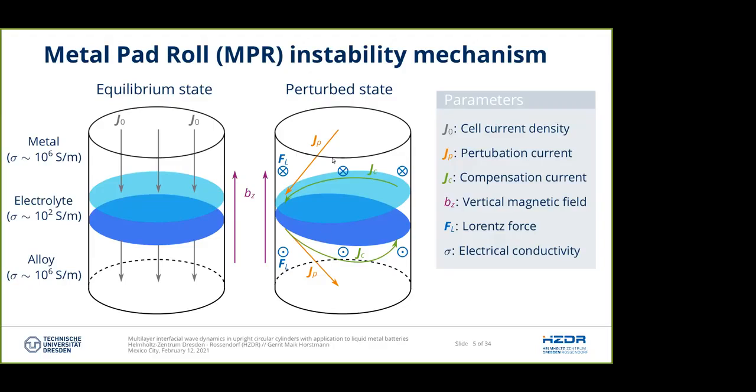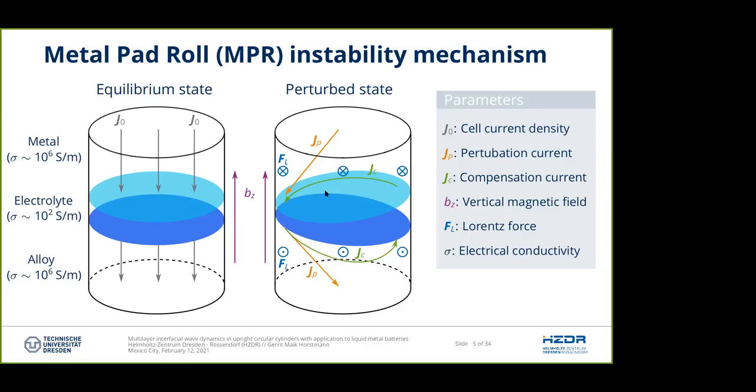If we consider a small displacement or a perturbation of the interface, then the current will be deflected. The current always chooses the path of least resistance, which in this setup is here at the left, where the electrolyte layer is thin.